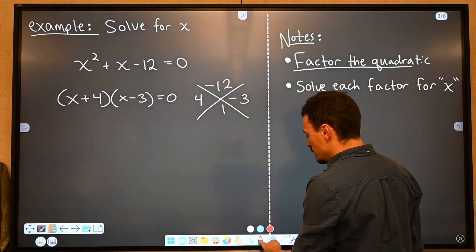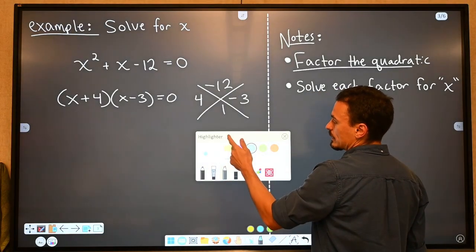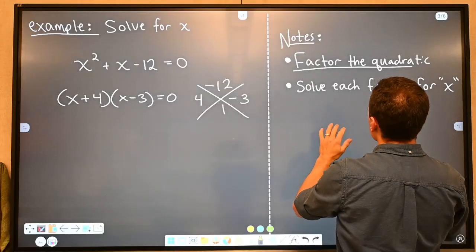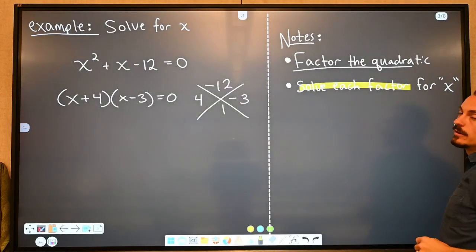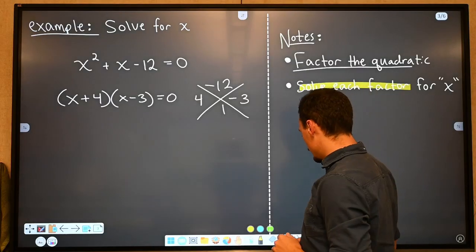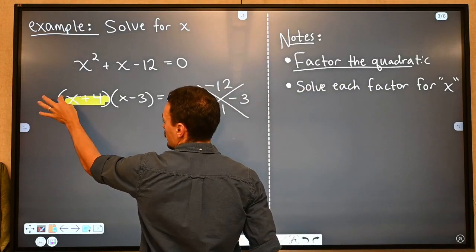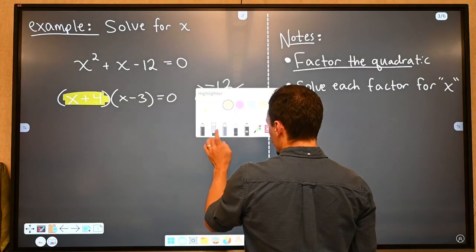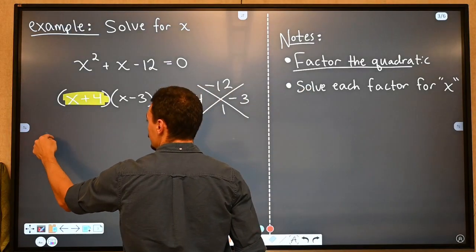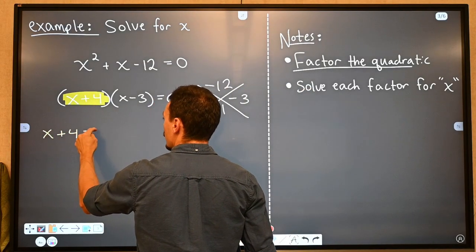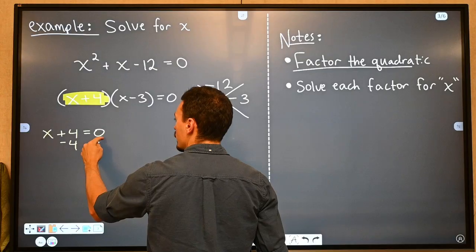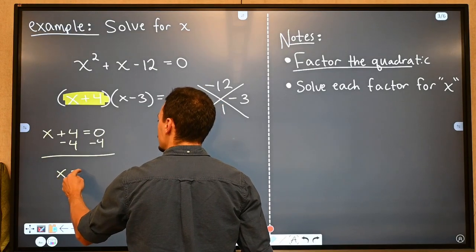And now we have two separate factors. Exactly the same thing we did on the last question. So we have to solve for each factor over here in this quadratic equation. So we have x plus 4 in yellow. So we're going to go minus 4. And we get x equals negative 4.